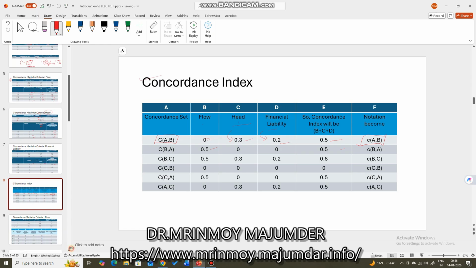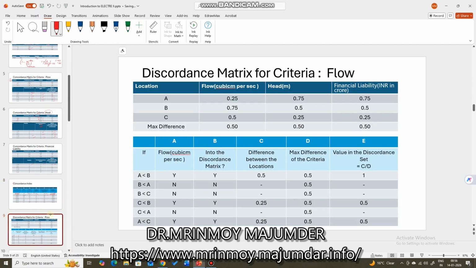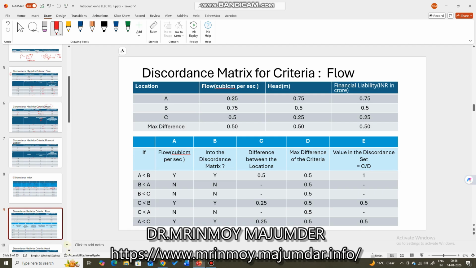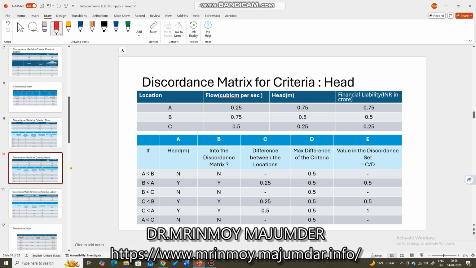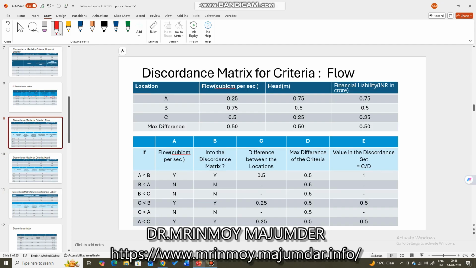Next, I will not say concordance index, because the concordance index is something different from the concordance matrix. For the concordance matrix everything is included, and here also the discordance matrix for flow, head, and financial liability. Here one catch is there.